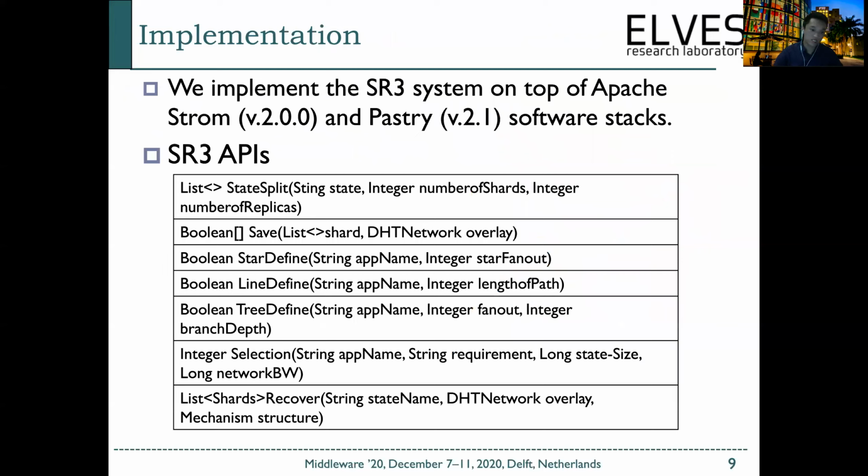We built this system based on two open source frameworks. One is Apache Storm, and the second one is Pastry. Pastry is in charge of the DHT overlay management, and we provide these APIs to users to use our designed framework. You can go through the detailed APIs in our paper.